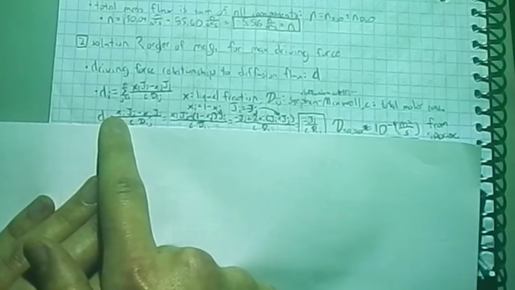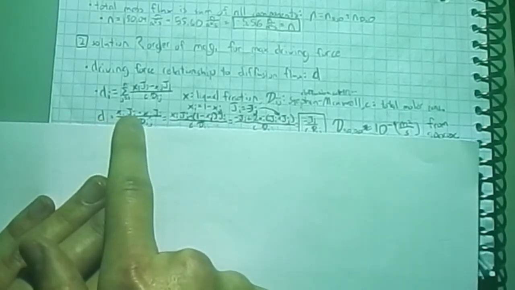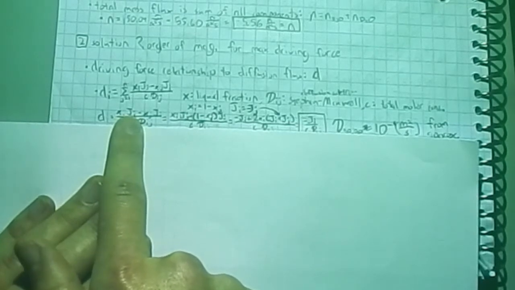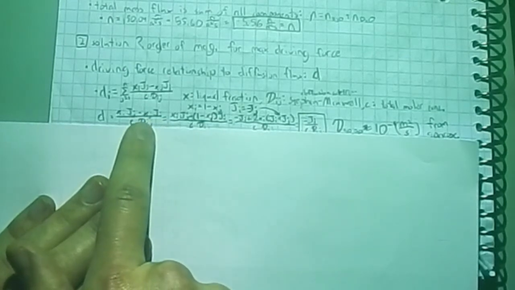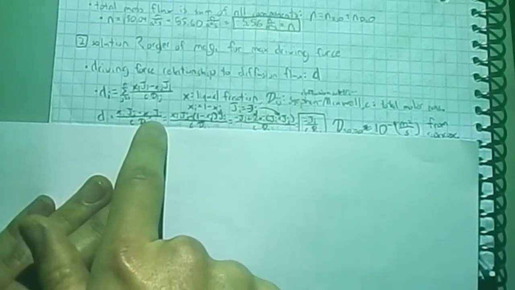So we're going to look at the molar fraction of component I times the molar diffusion flux of component J. So it's 2 different components being multiplied, minus the inverse of that, which would be the molar diffusion flux of J times the molar diffusion flux of I.